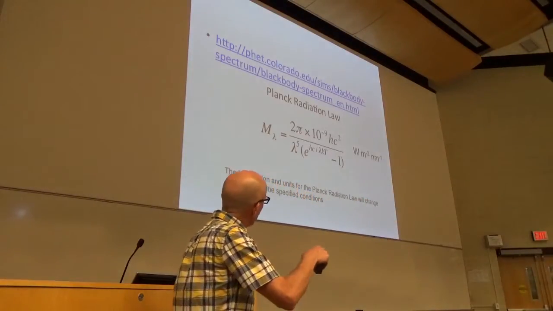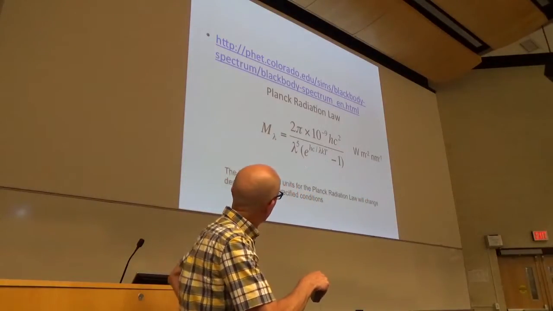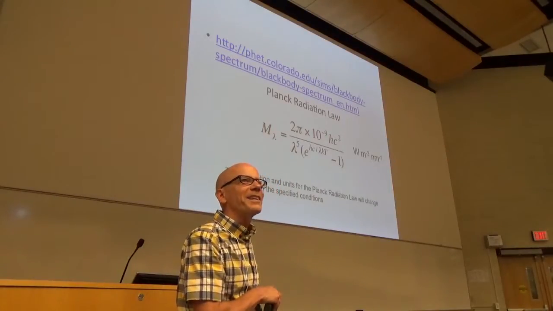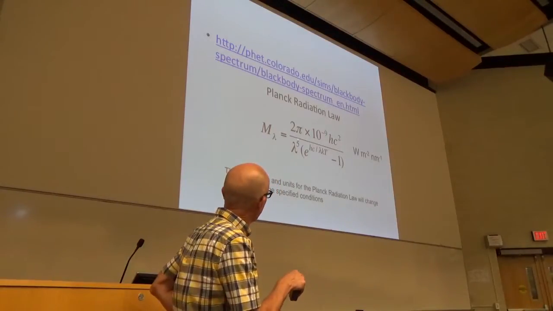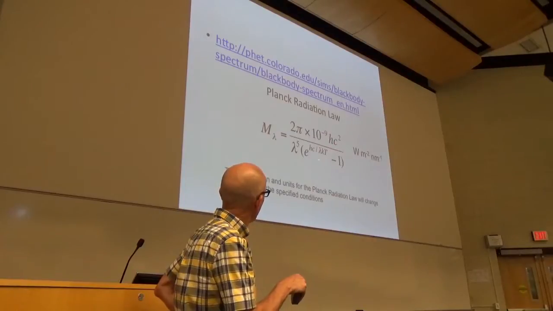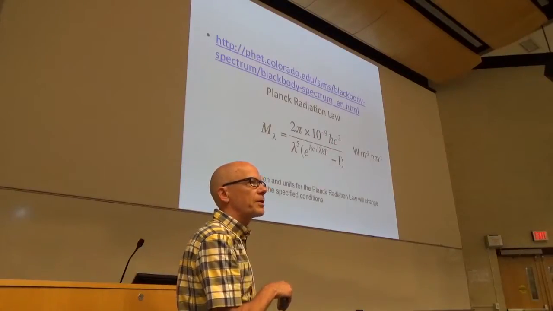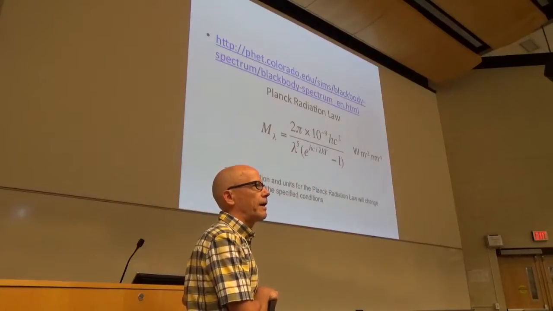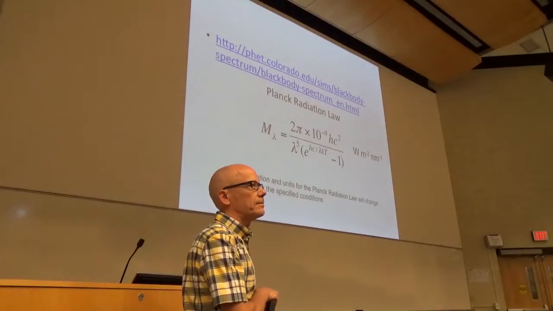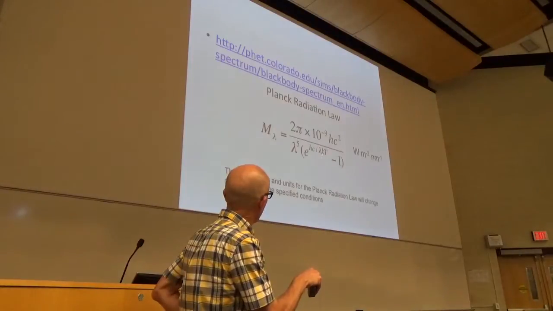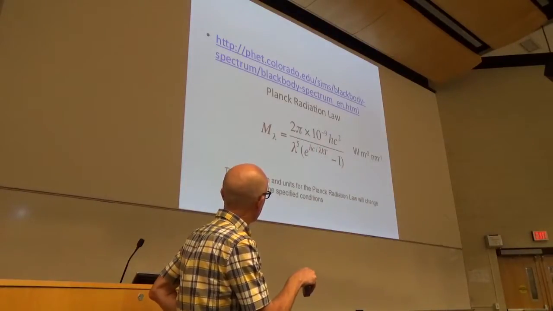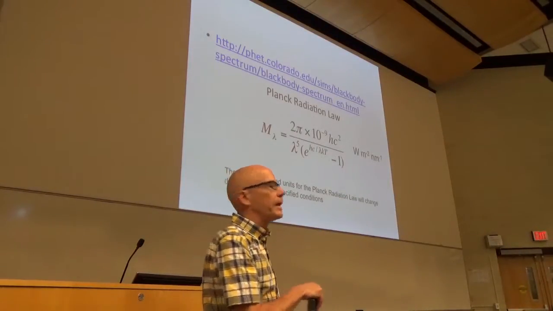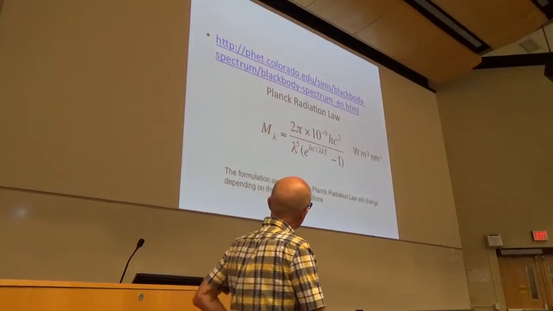Then I'll go through all the parts of it, and yes, it's an ugly looking equation, I'll tell them, but everything is a constant except for T, the temperature, and the wavelength you're calculating at. K is Boltzmann's constant, then there's Planck's constant, the speed of light, and another wavelength in there.